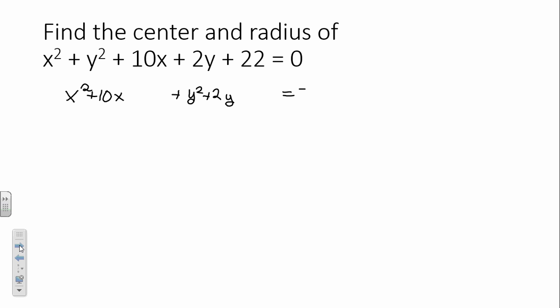And we won't square negative 22, but chances are we will have enough good stuff coming from the other side to make it positive. So we can't have a negative radius, right?